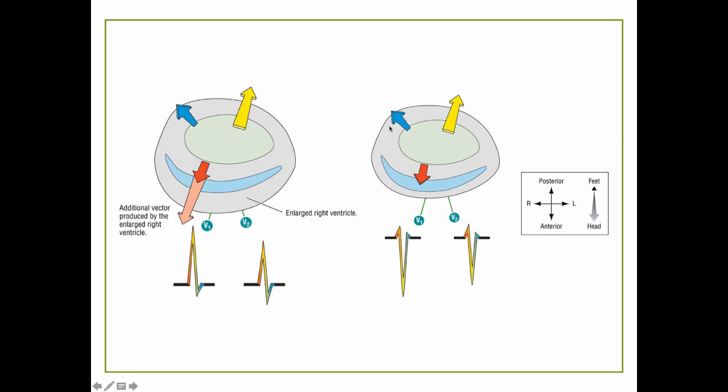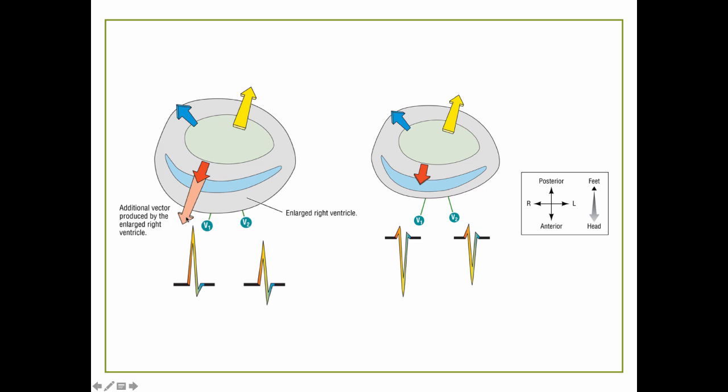So on the right here is a normal heart. And remember that the interventricular septum depolarizes first, and in V1 and V2 that creates this little tiny R wave, a little positive wave at the very beginning. That's a normal heart. But if I have this enlarged, hypertrophied right ventricle, that means this red arrow here, this red vector, is super big.